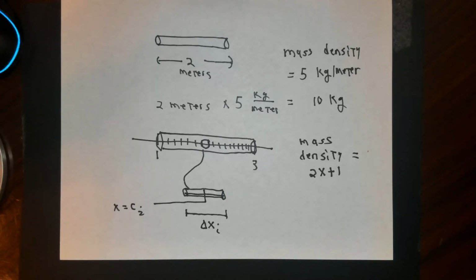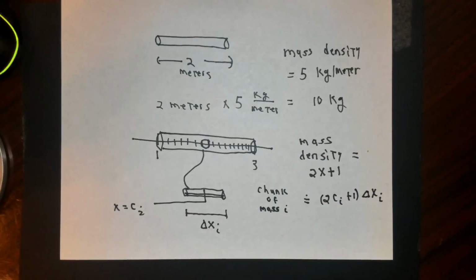Within this chunk, the mass density is approximately constant and equal to 2 times c sub i plus 1. Multiply that by the length of the subinterval, and we'll have an estimate for the mass of that one piece.